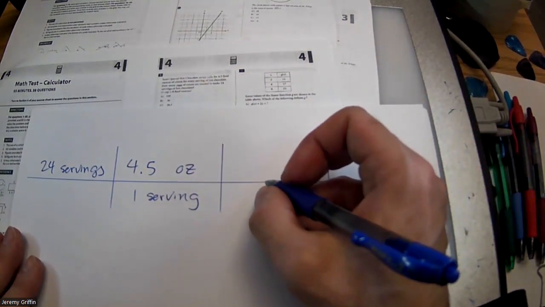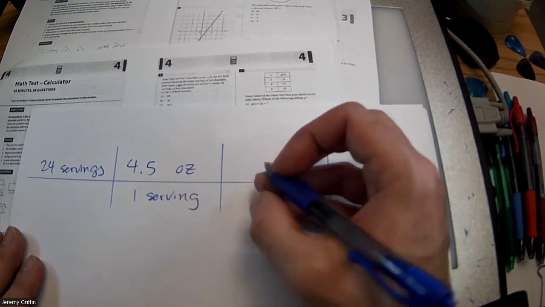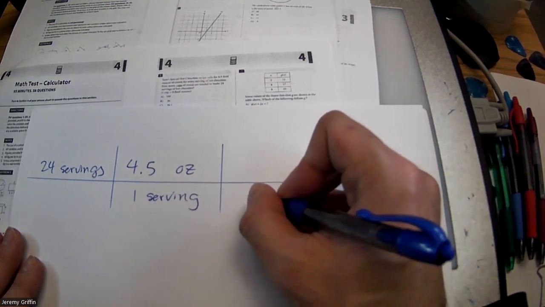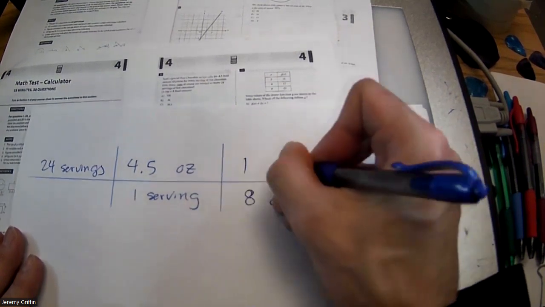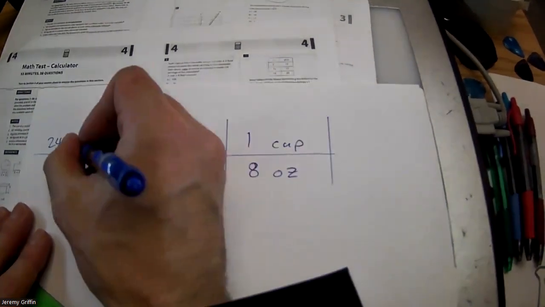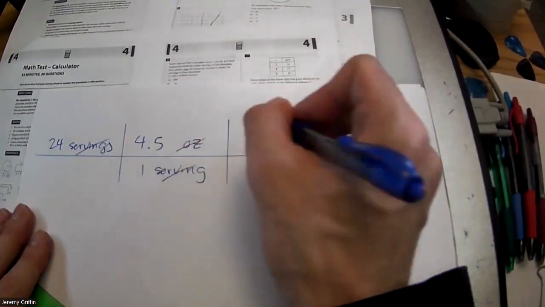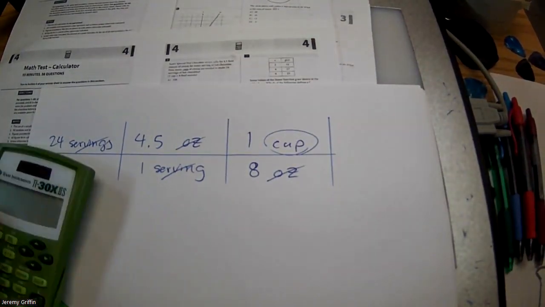And how many cups? Every 8 ounces is equivalent to 1 cup. That's the table. So servings, set up to cancel, ounces, set up to cancel. I'm going to end up with some number of cups, which is exactly what's being asked for.